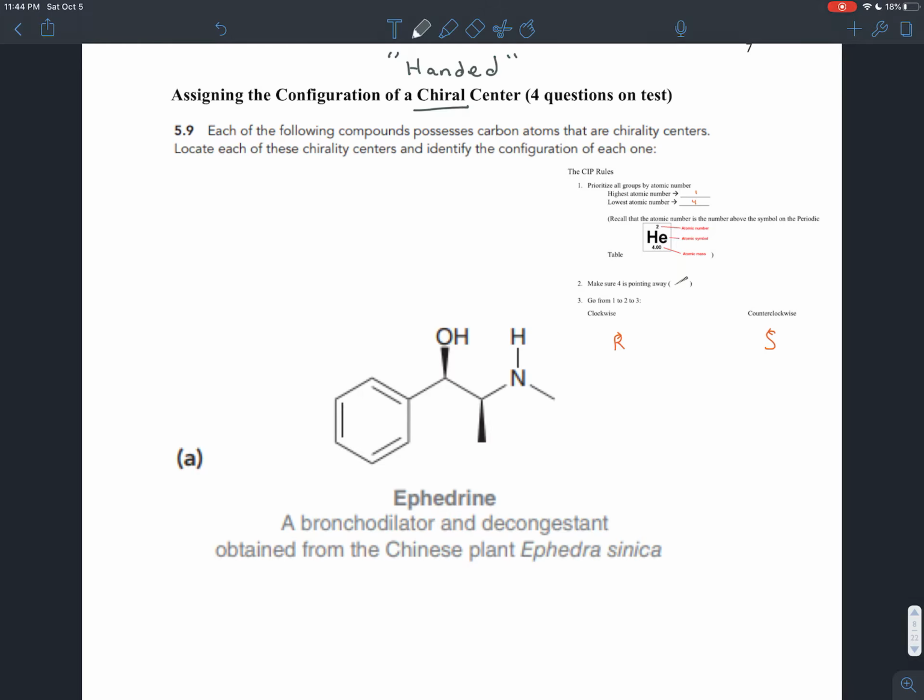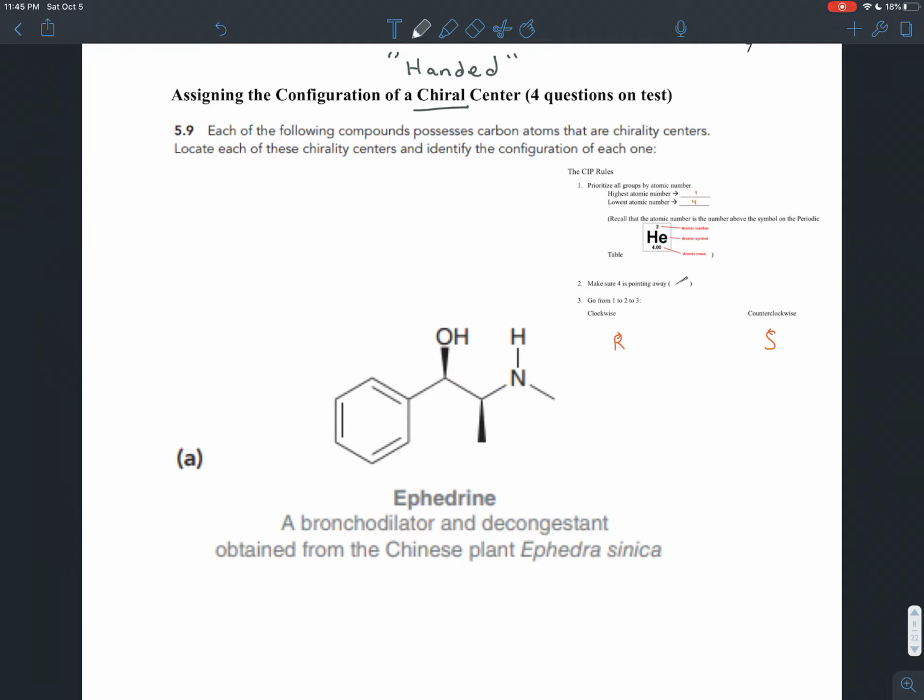If it's bonded to 4 different groups, then it has 4 different sides, like your hand. And it will come in 2 versions, a left-handed version and a right-handed version. And those 2 versions fit into enzyme pockets and receptor sites differently, just like your hands fit into gloves differently.